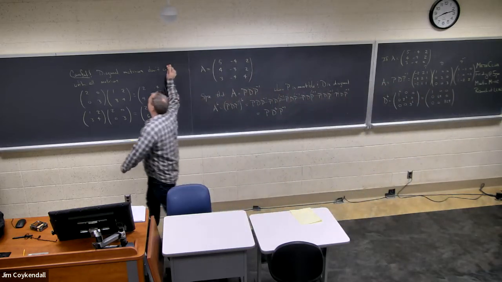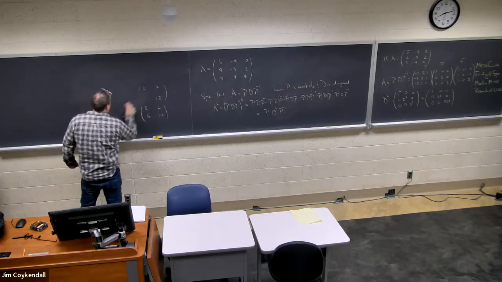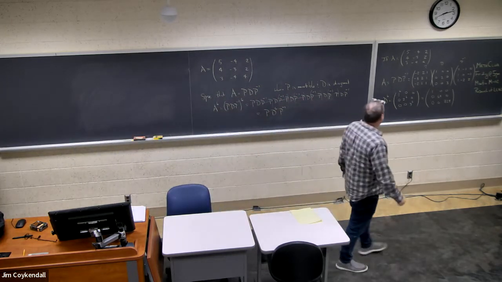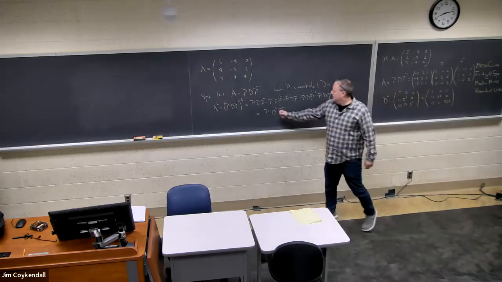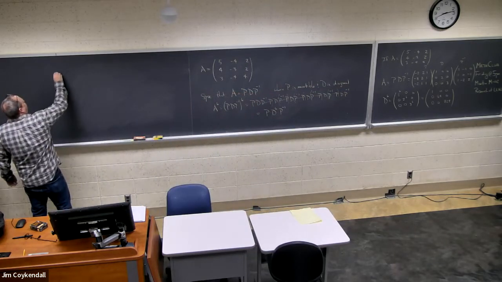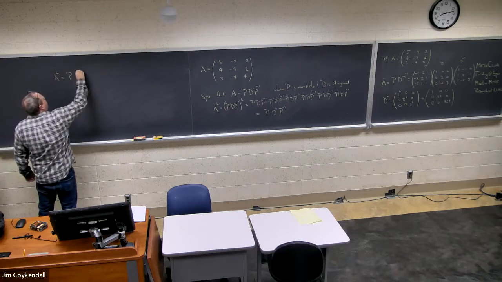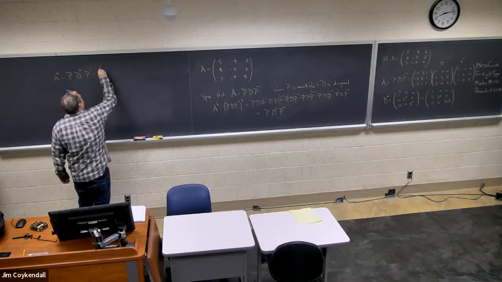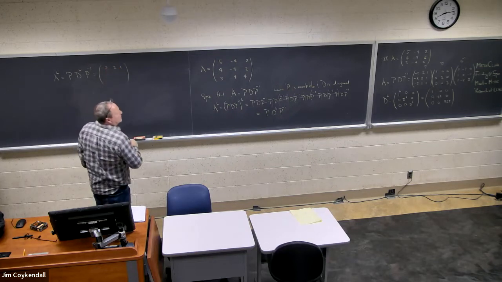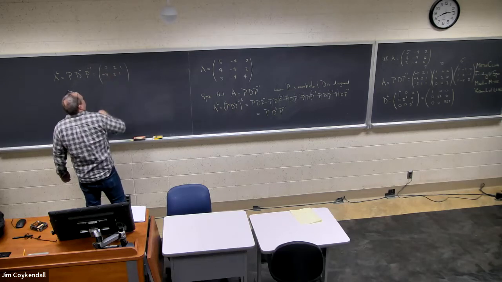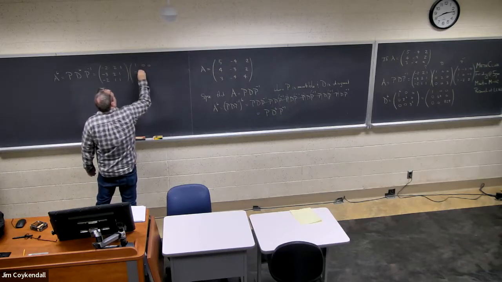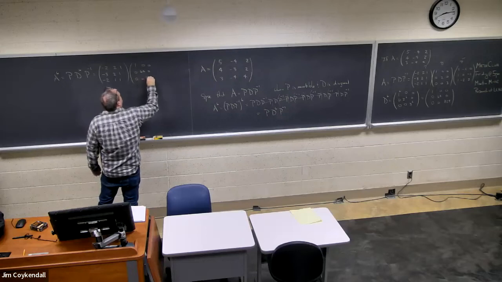And so the answer to this conundrum. So in this case, A to the 6 is P D to the 6 P inverse, which in this case, my P is minus 2, 1, 1, minus 3, 1, 1, and minus 2, 1, 1, times the diagonal matrix 1, 0, 0, 0, 64, 0, 0, 0, 729.